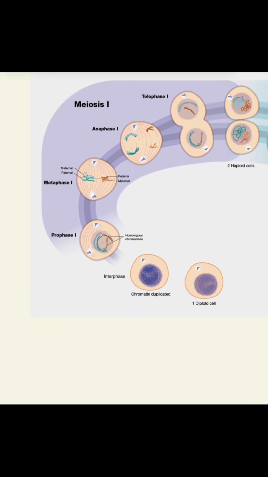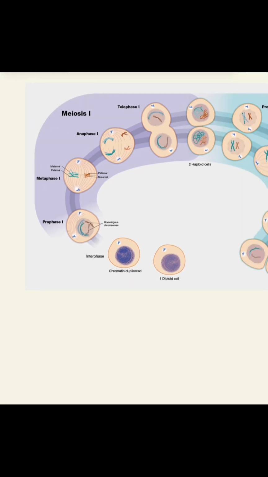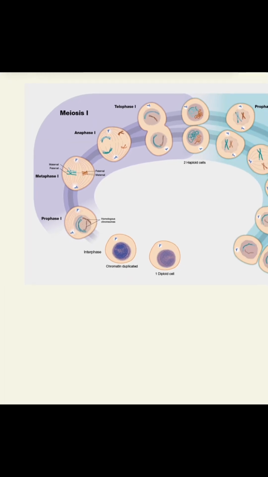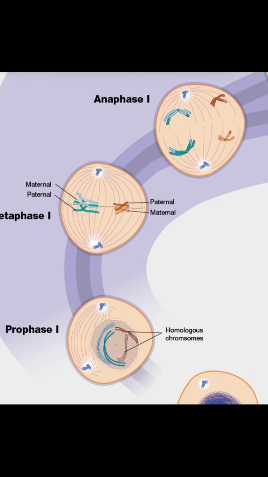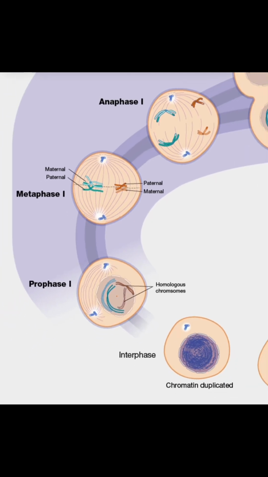All right, and there's another aspect that you should be familiar with, and that's called independent assortment. During meiosis 1, homologous pairs align at the cell equator, independent of each other. So again, we're looking at metaphase 1. The orientation of each pair is random, so either chromosome of a homologous pair can end up in either daughter cell.